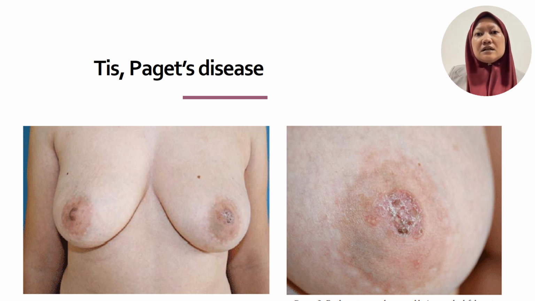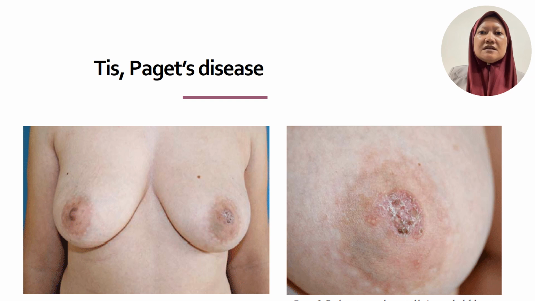Let's take a closer look at this picture. Can anyone identify where the abnormality is located? Is it in the right breast or the left breast? And which specific part of the breast is affected? Yes, the abnormality is on the left breast.